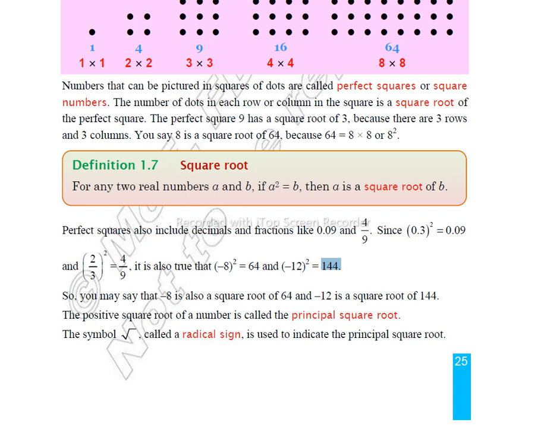Negative 12 is a square root of 144. The positive square root is called the principal square root. The negative one is not the principal root, and the symbol is called the radical sign.